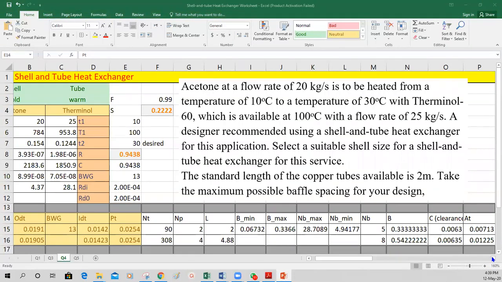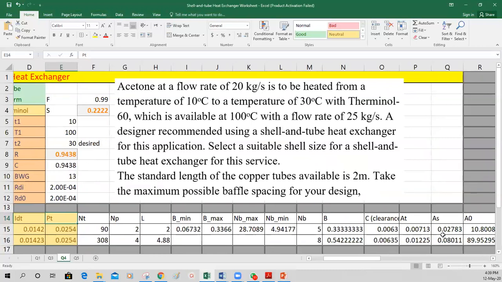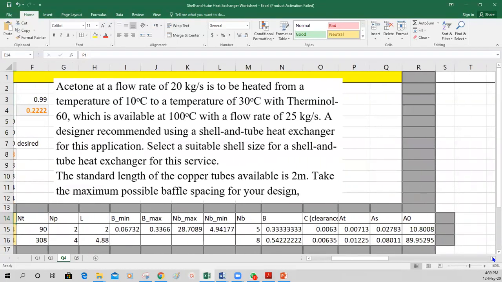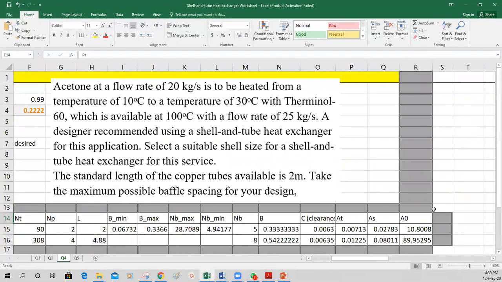Okay. 0.02783 meters squared. Yes. Doctor, I got some number. Okay, fine. Doctor, this step is in which page? Right now, the area step, page number 472.